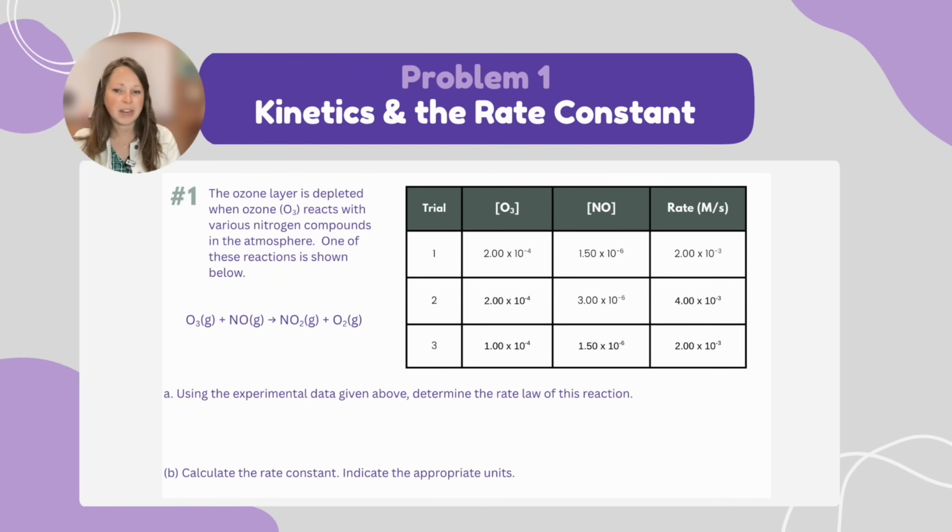We're going to find the order with respect to O3, ozone, and with respect to NO, nitrogen monoxide. We're going to look at the rates and then write out our rate law. So rate is going to be equal to K times the concentration of... let me look at this for a second. I don't remember the answer. Times the concentration of O3.